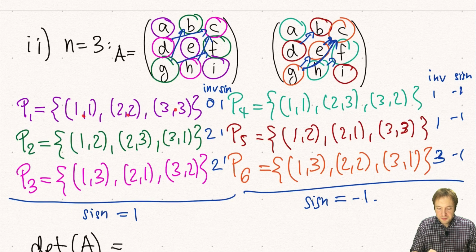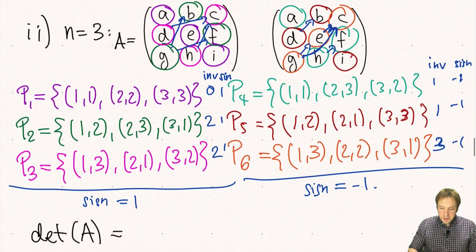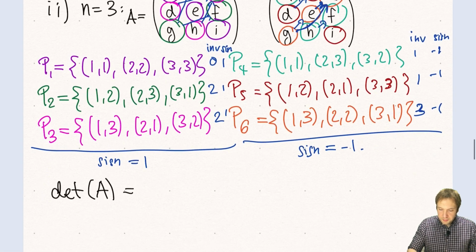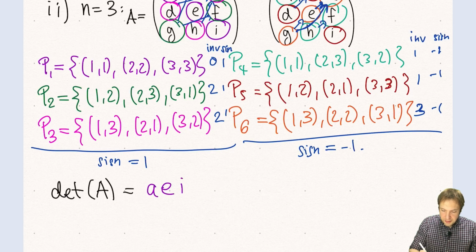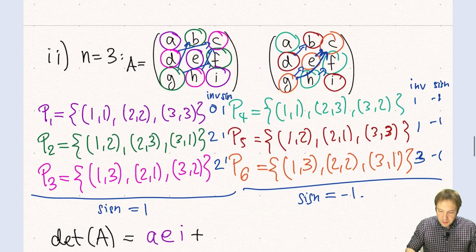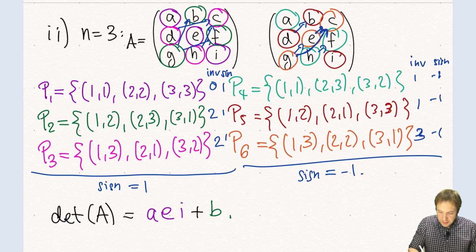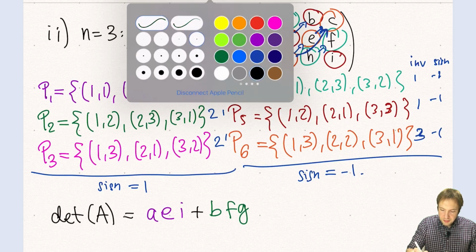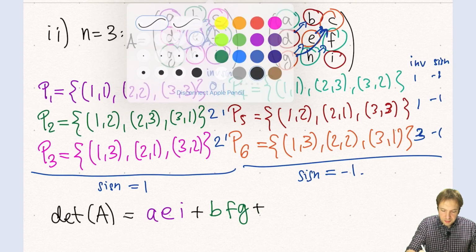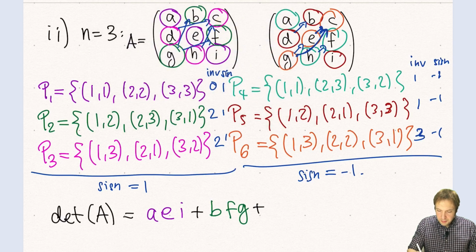And then we need to take the entries of this matrix. So here in the purple places I have A, E, I plus, and now for P2 I have B, F, G plus, and now the pink ones C, D, H plus, well, that's all in this case.